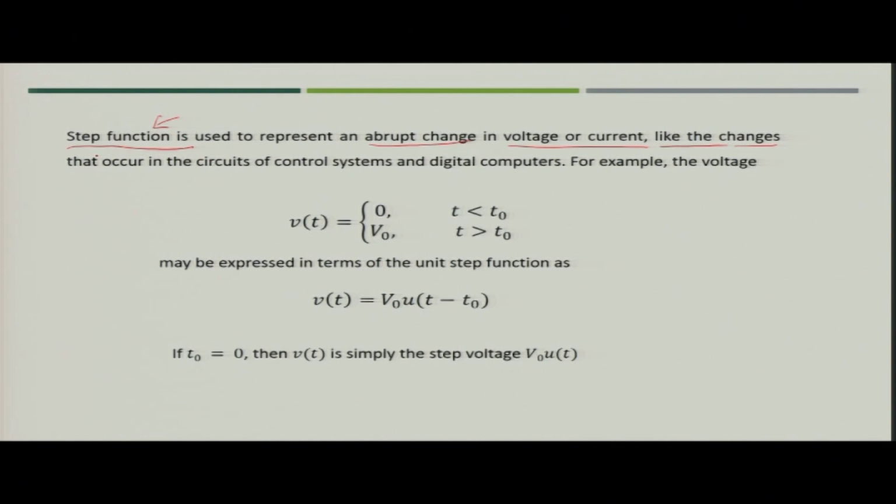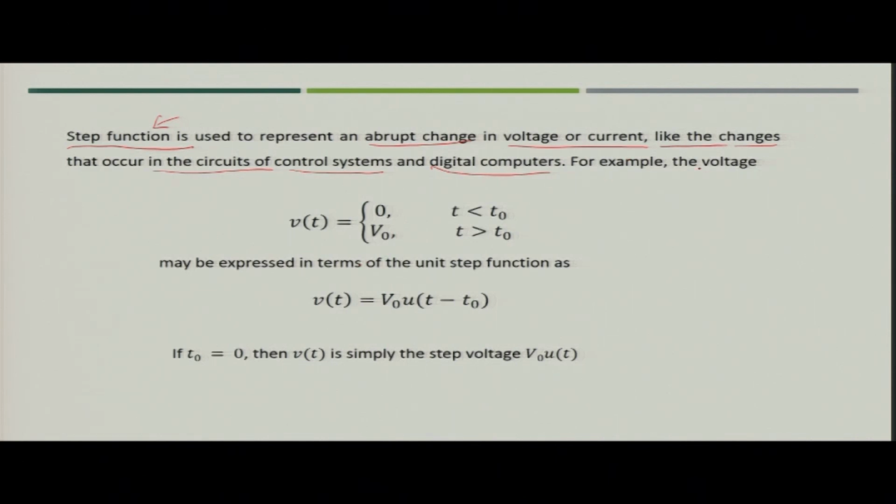The value of voltage will not be 1, it will be some value, so you will simply say it is a step function. You will see it in control systems and digital computers also.